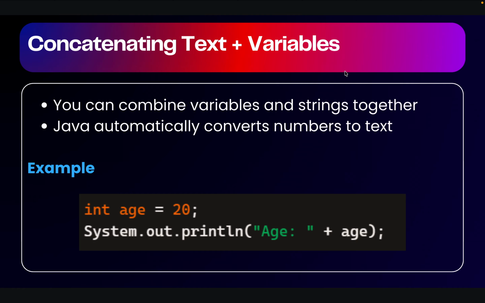If you look at this example, we have int age equals 20. In our print statement, you're saying age, and then we want to add that variable to the text. What it would print is age colon 20. So that is how you can also work with variables and text.